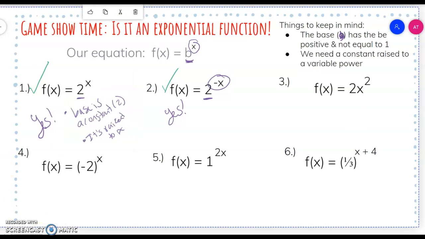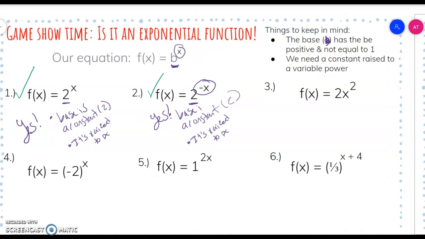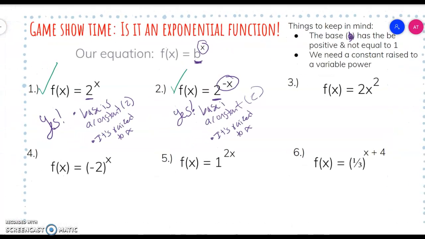Okay, let's look at the third one now. All right, our third one. Let's look. Do I have a base? Yeah, I do have a base. Is it not equal to 1? Yes. But we need a constant raised to a variable power. So yeah, it's raised to the power of 2, but this 2 should be an x.